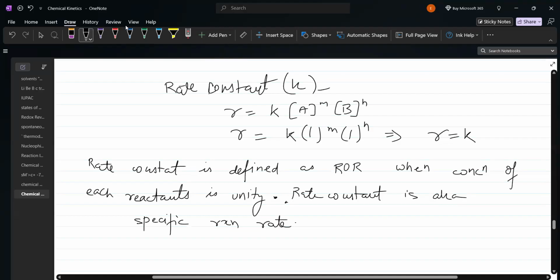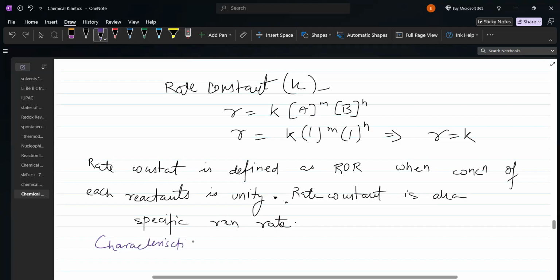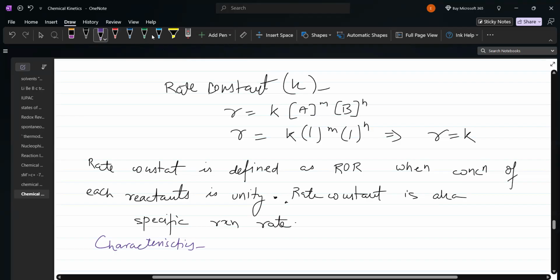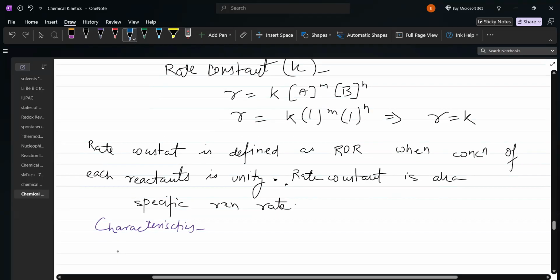Let's write some of its characteristics. Some we have already discussed, but let's do it for revision's sake.